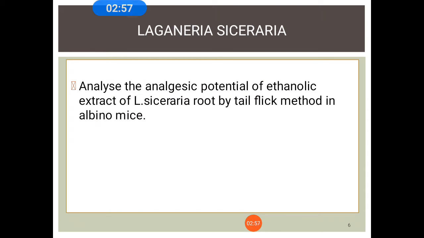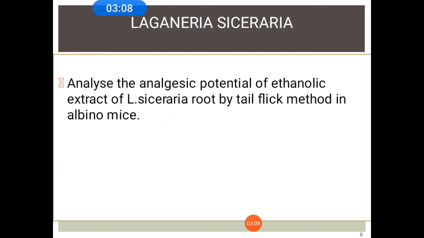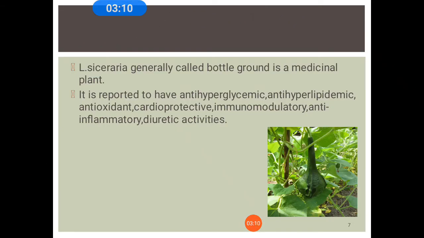So, we are going to analyze the analgesic potential of the ethanolic extract of Leonotis nepetifolia root by the tail flick method in albino mice. This plant, generally called bottle ground, is a medicinal plant. It is reported to have anti-hyperglycemic, anti-hyperlipidemic, antioxidant, cardioprotective, immunomodulatory, anti-inflammatory, and diuretic properties.